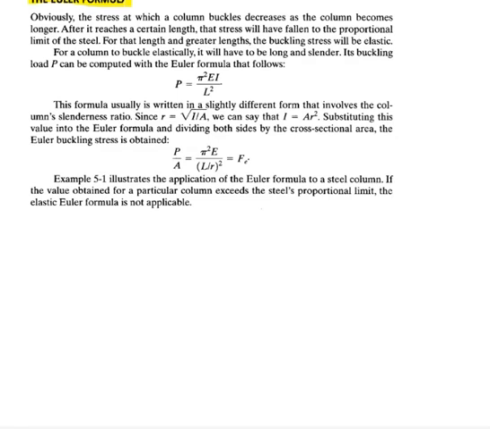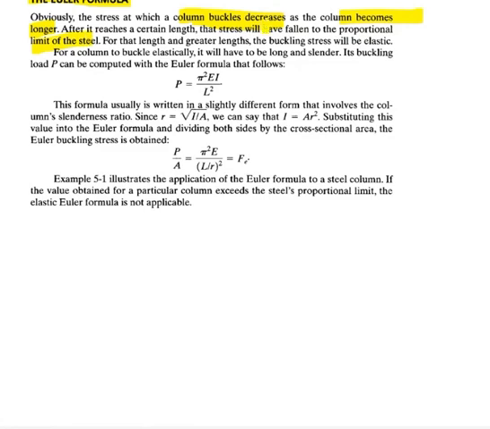Obviously, the stress at which a column buckles decreases as the column becomes slender, longer. After it reaches a certain length, the stress will have fallen to the proportional limit of steel.